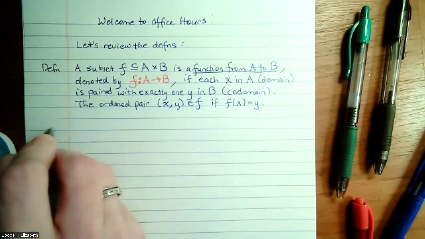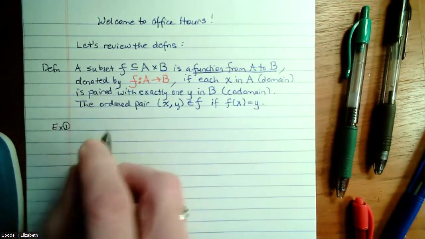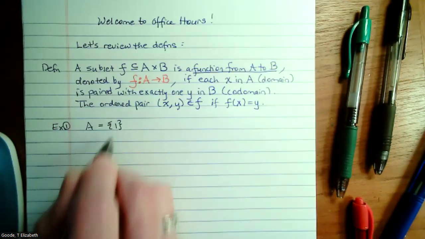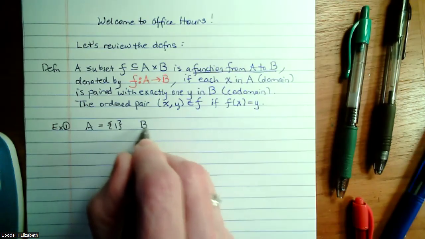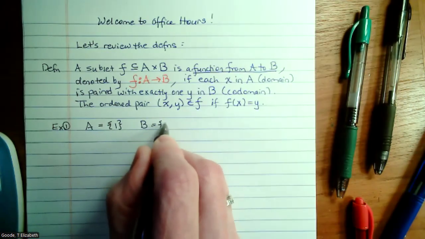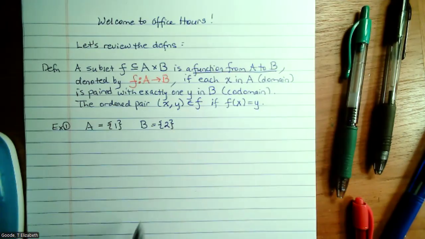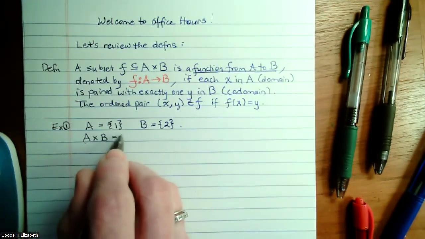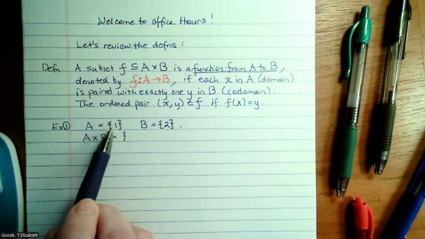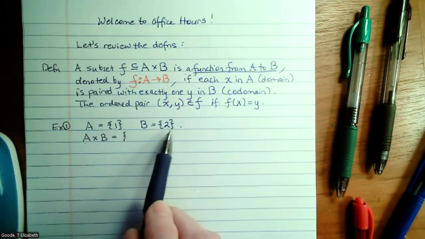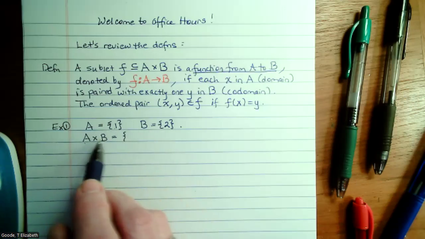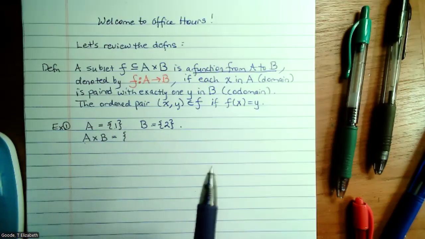Okay, so let's look at an example. If A only had one element, the number 1, and B only had one element, say 2, then A cross B is going to be all the ordered pairs that have a first coordinate coming from A and a second coordinate coming from B. How many ordered pairs would there be in A cross B for this A and this B?